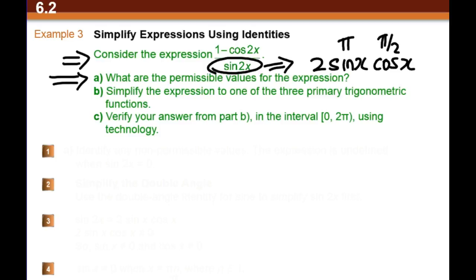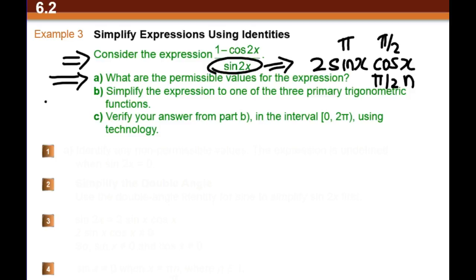So our non-permissible value, whoops, sorry, it should be half pi n, meaning if n was 1, then it's half pi. If n was 2, then that's a full pi. 3 would be 3.5 pi. Okay, so that's our non-permissible value.